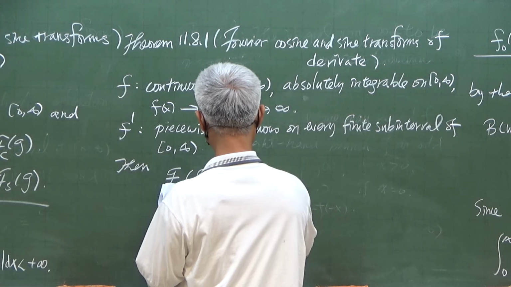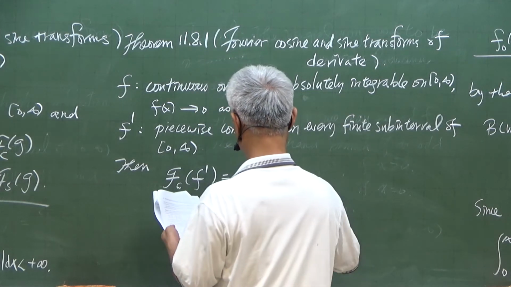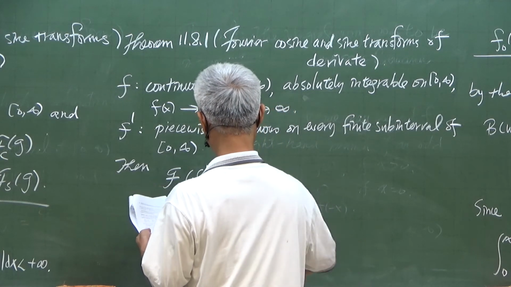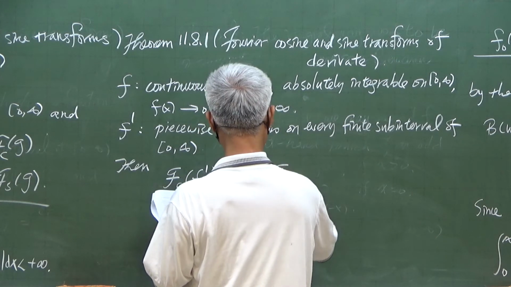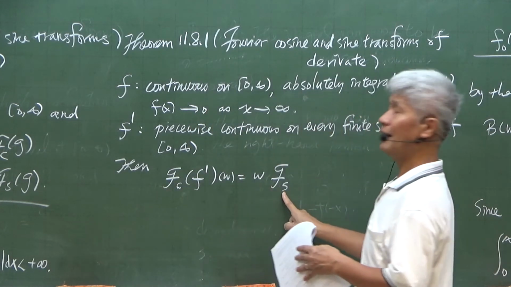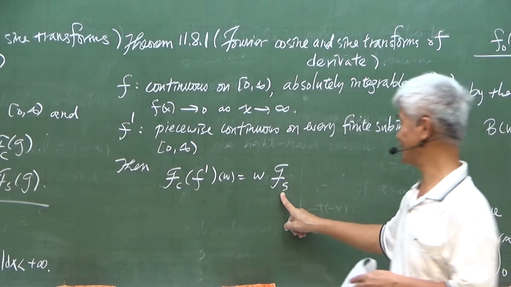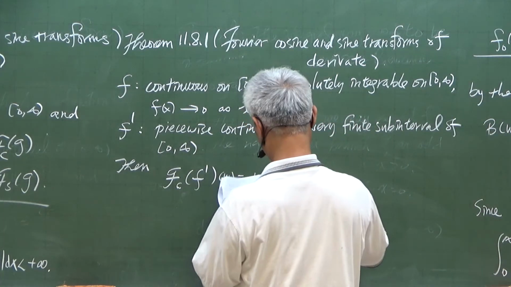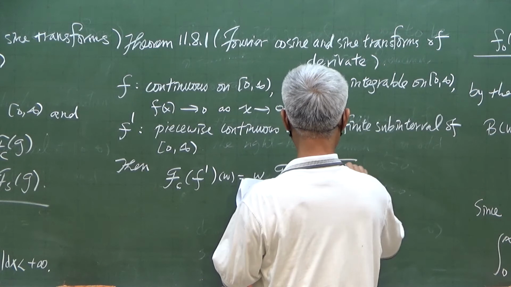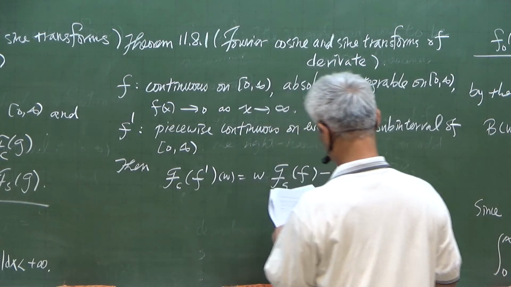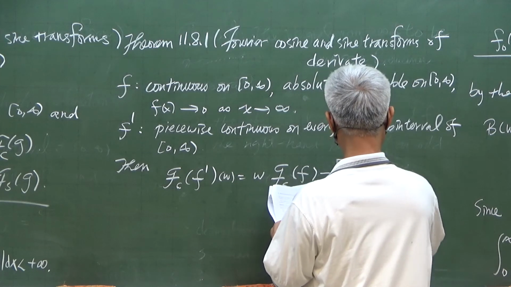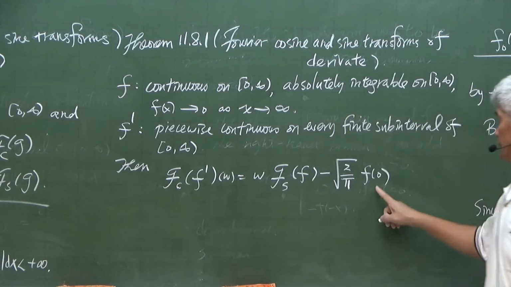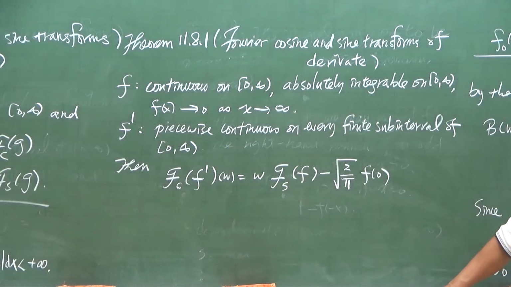Actually it's a function of w. So it's w times the Fourier sine transform of f, and we have an adjustment term, square root 2 over pi times the function value of f at 0. Very special things.